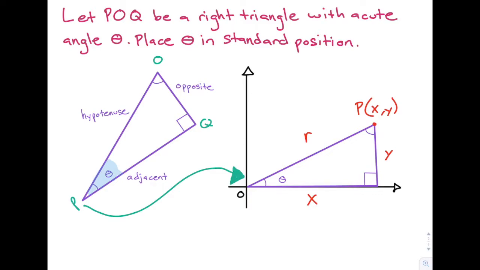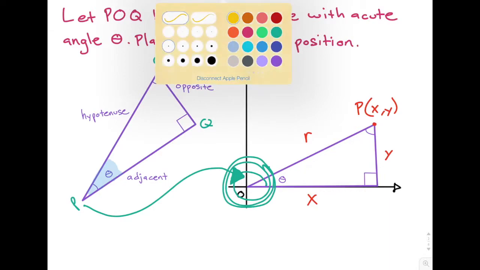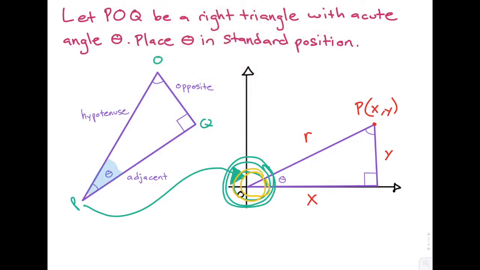Now we've got this angle theta and we can rotate it all the way around as many times as we like in one direction, or go in the opposite direction as many times as we would like. It's important that we define it this way so we can open up the domain of our trig functions to all angles.